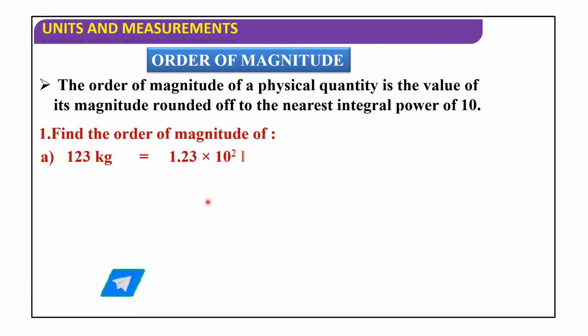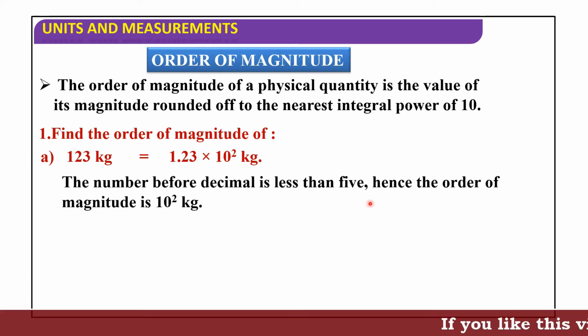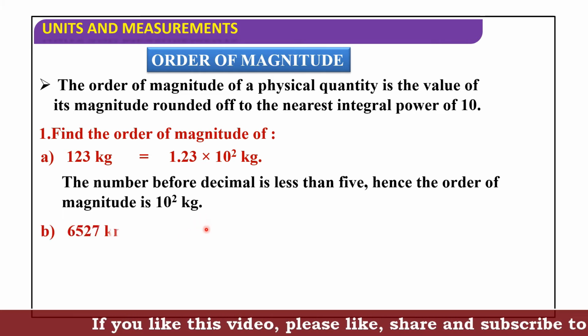Let us see. 123 kilogram can be written as 1.23 into 10 square kilogram. So the number before the decimal is less than 5, hence the order of magnitude is 10 square kilogram.